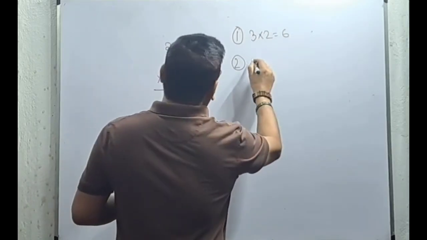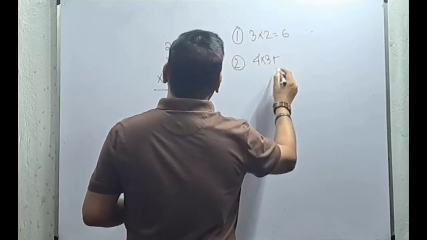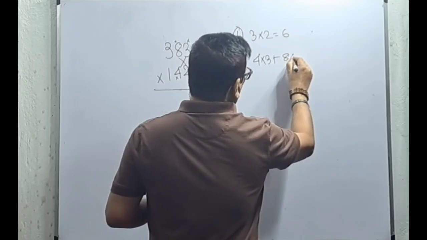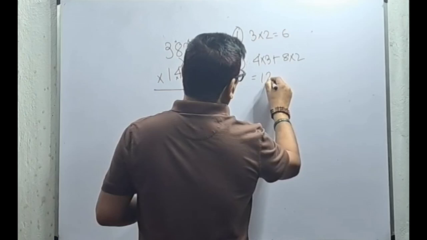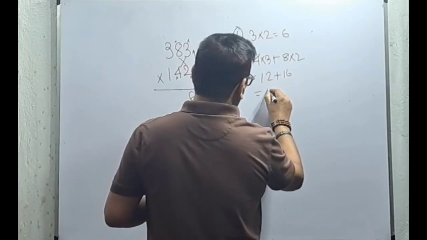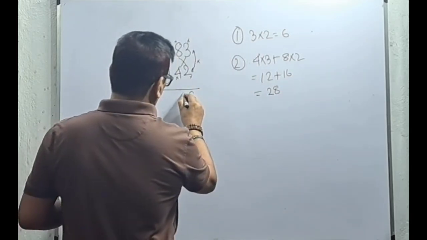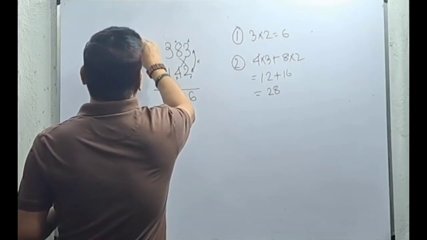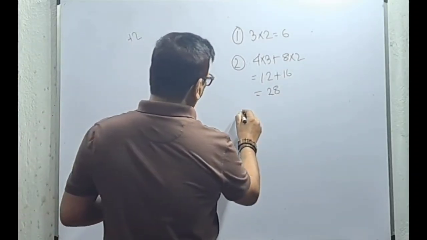Right? 4 into 3 plus 8 multiplied by 2. That gives you 12 plus 16, that is 28. Right? So write 8 here. We carry 2. Okay.